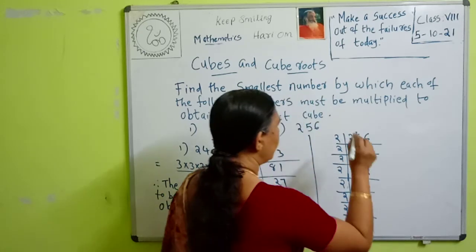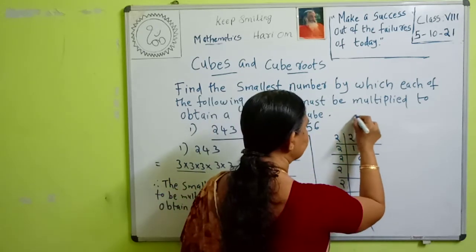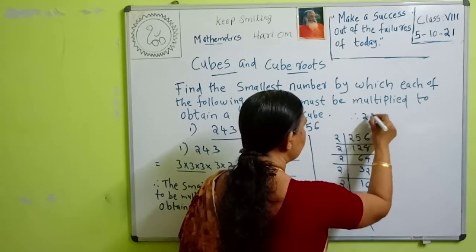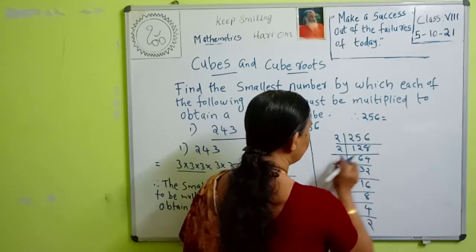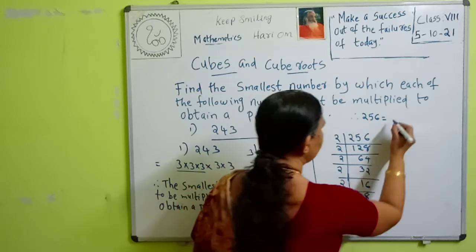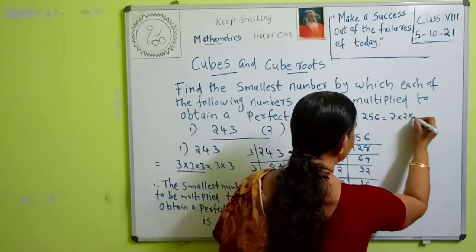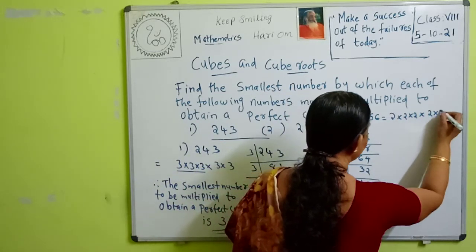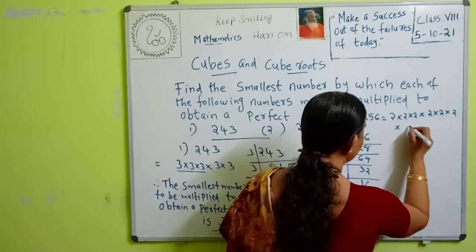So what is the prime factorization of 256? Therefore, 256 is equal to 2 into 2 into 2 into 2 into 2 into 2 into 2 into 2.